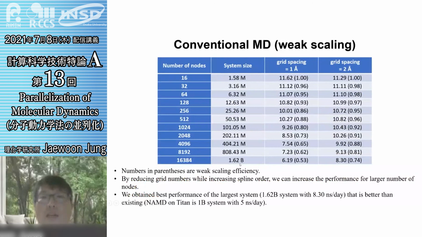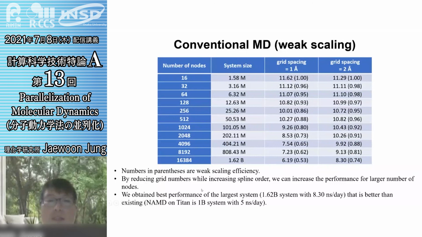And using a small number of grid points, we can obtain around 75% parallel efficiency compared to 16 nodes.